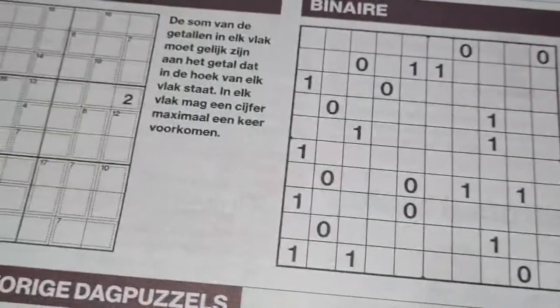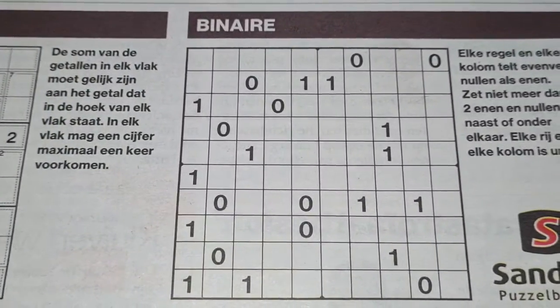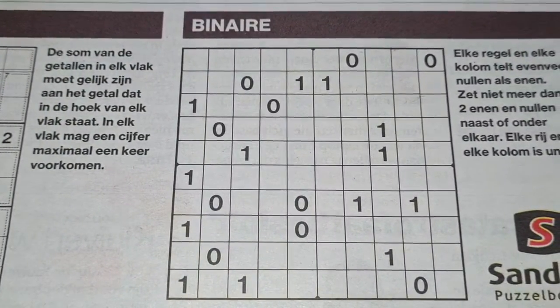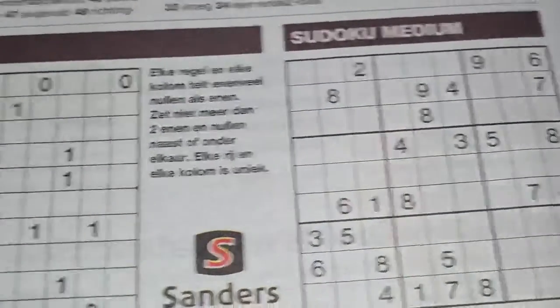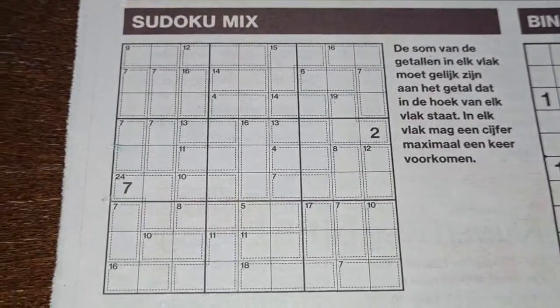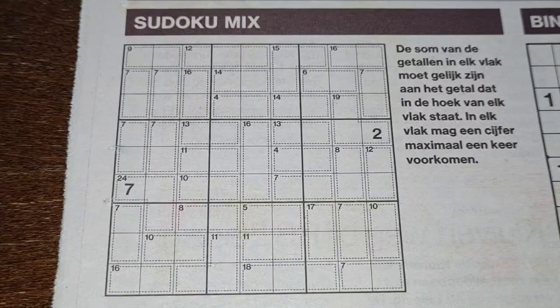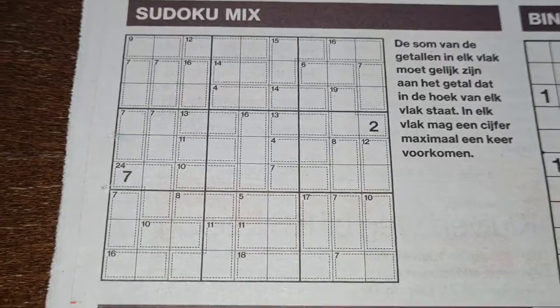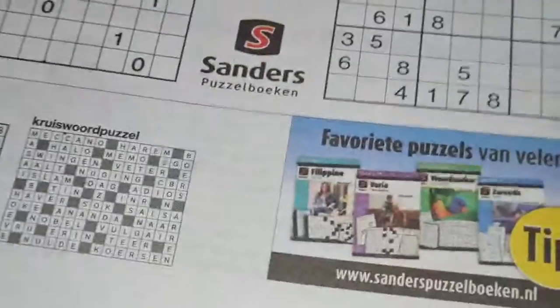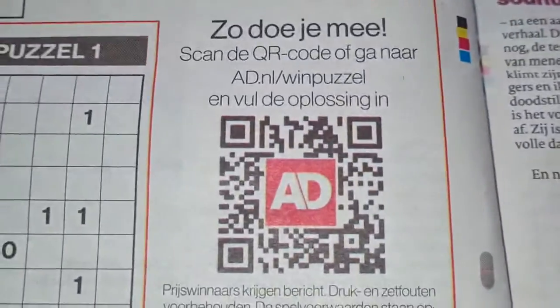2021. Here in this daily newspaper we have three regular Sudokus. Sudoku number one is a binary, number two is a medium Sudoku, and the third one is a killer Sudoku, aka Sudoku mix. And in this newspaper there is also an additional with 6 extra Sudokus.